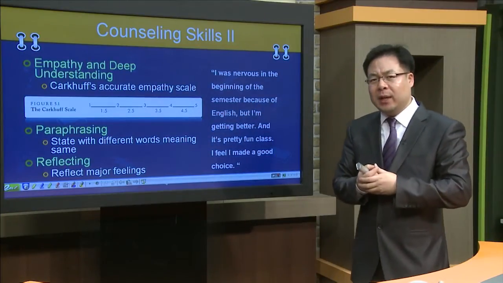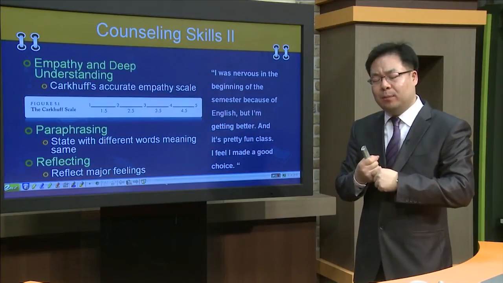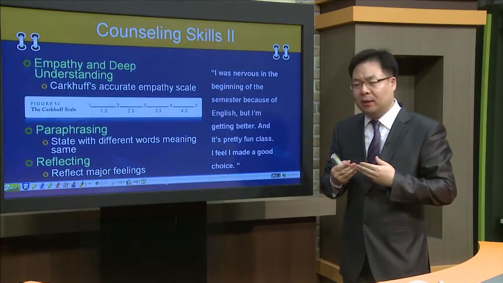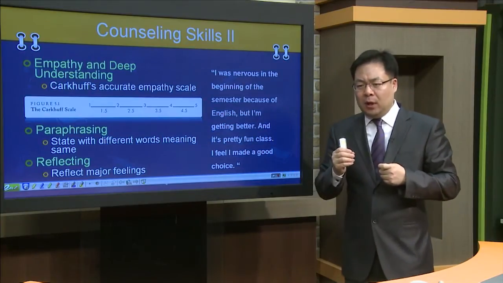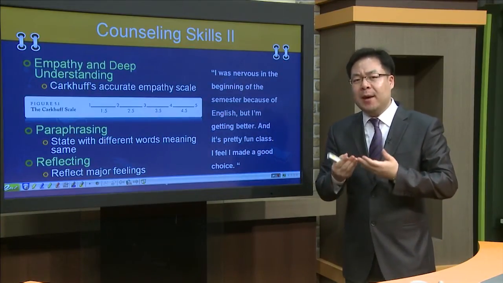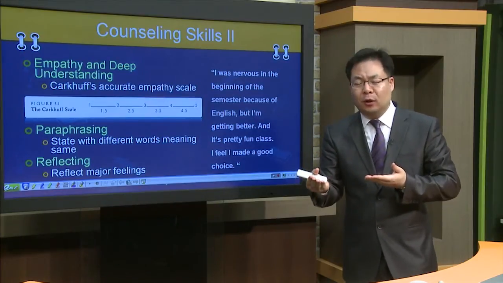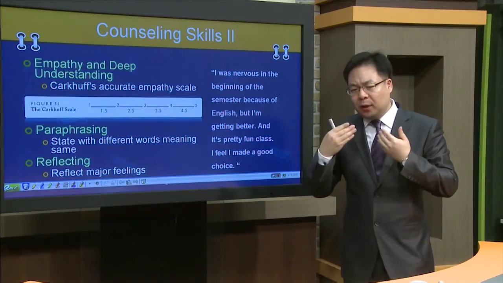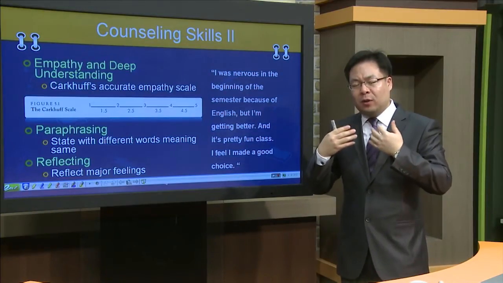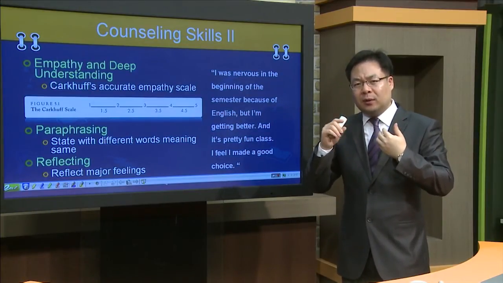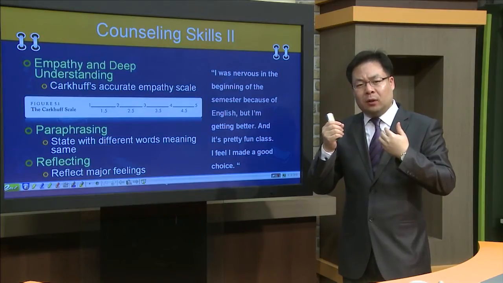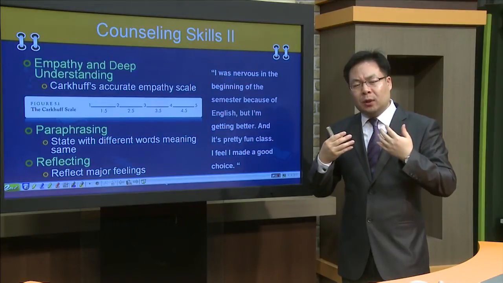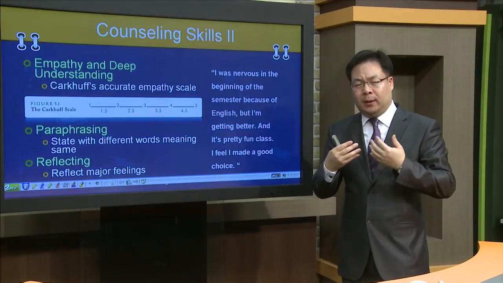And number 4 is the advanced level of empathy. Not only understanding from the counselor's perspective, at level 4, counselors show empathic understanding to the client. That message helps the client think about their own feelings and thoughts, and think about their own situation in a deeper way.